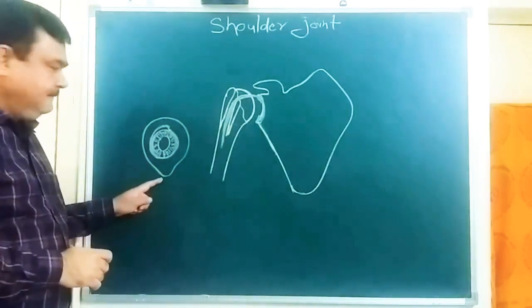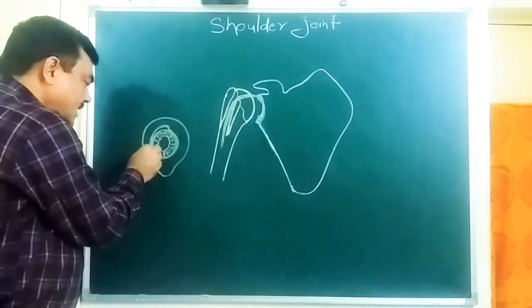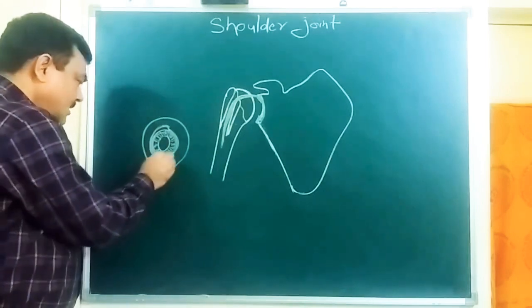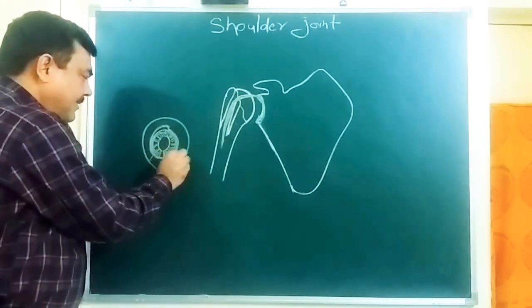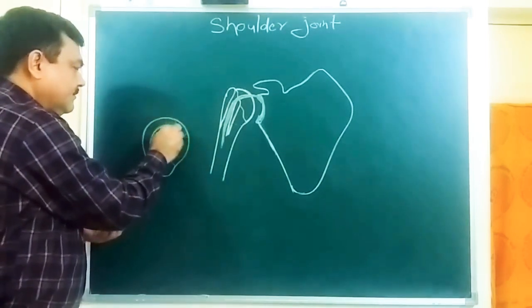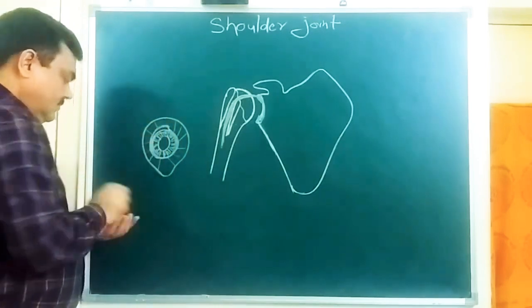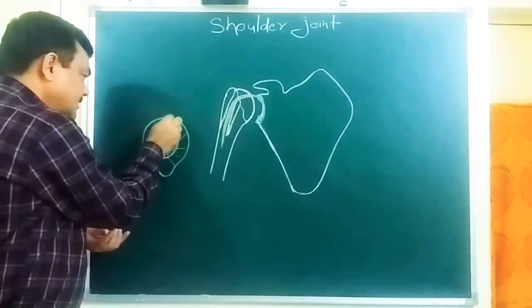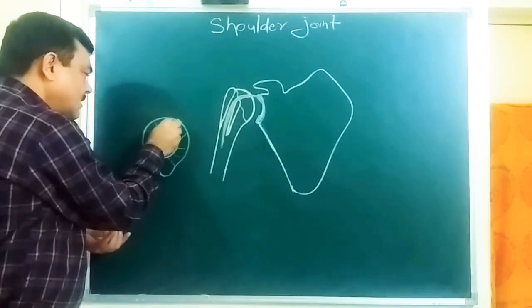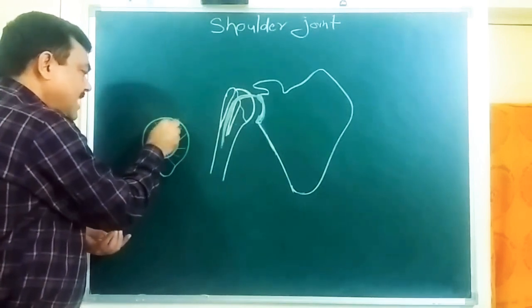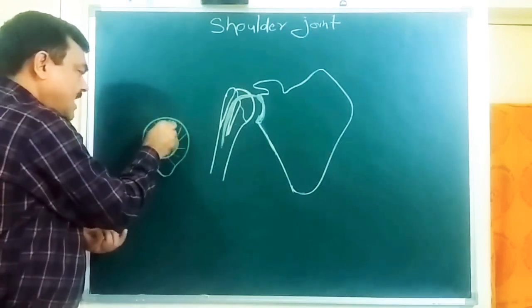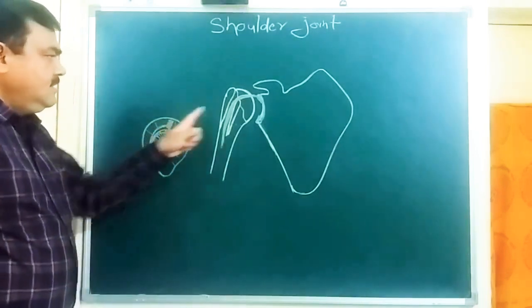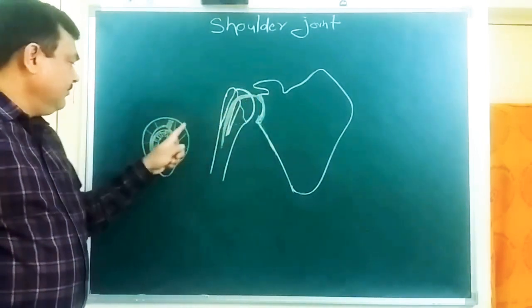Inferiorly it is lax and this capsule is attached to this glenoid labrum. And here is the long head of the biceps which is attached to this supraglenoid tubercle.